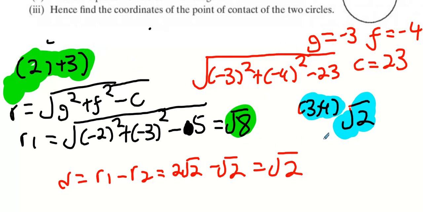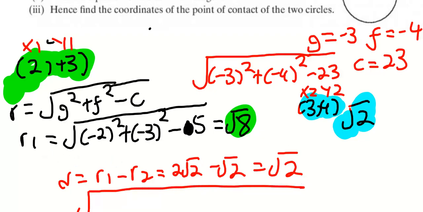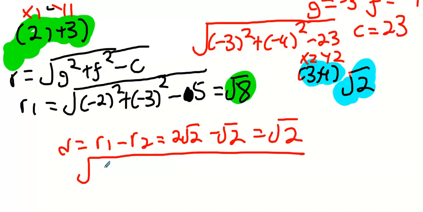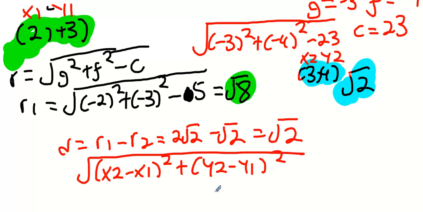Because the distance between both centers has to equal root 2. So we call this one x1 and call this one x2. And then we're using the coordinate geometry formula, aren't we? What is it? Okay, then what?